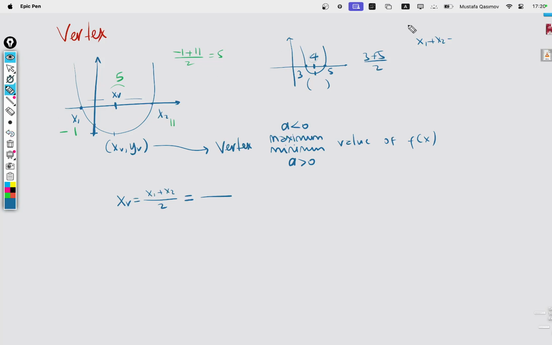So when you have ax squared plus bx plus c, it is negative b over a. And let's substitute it and you will get negative b over 2a. Is it clear? You have to use that one when it is given in this form.